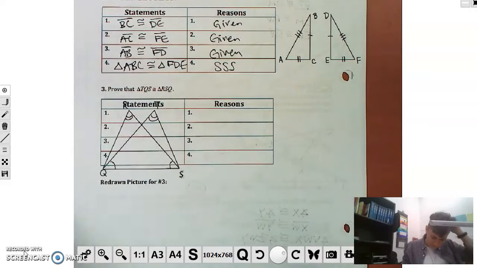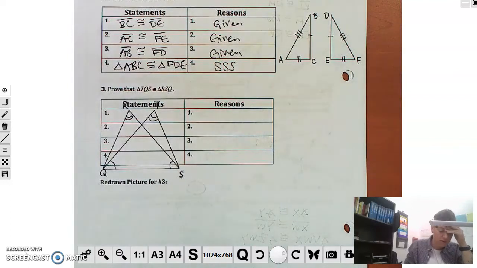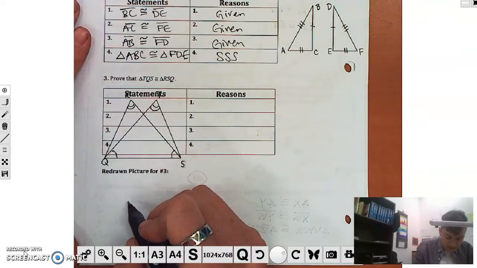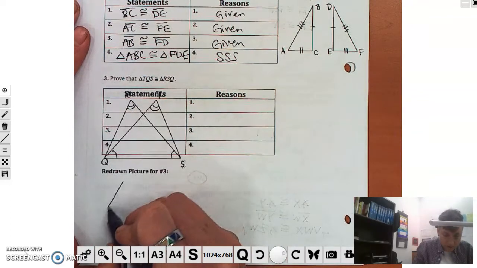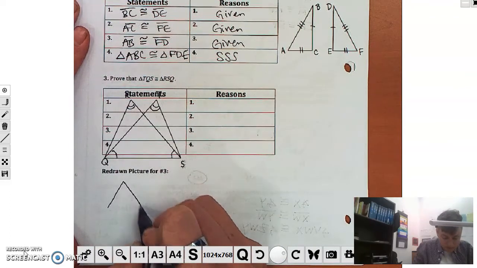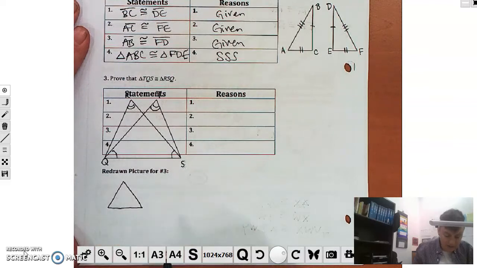Number 3. Prove the triangle TQS is congruent to triangle SRQ. Well, fortunately, the diagram showed up right in the middle of our notes. Cool, so let's redraw this picture. That is angle R, and that is angle T. So we're going to redraw this picture so it's not a complete mess.